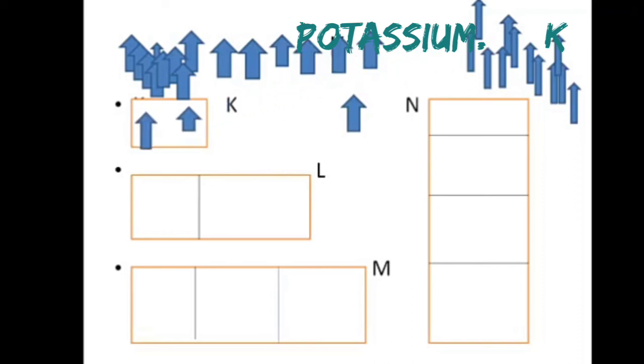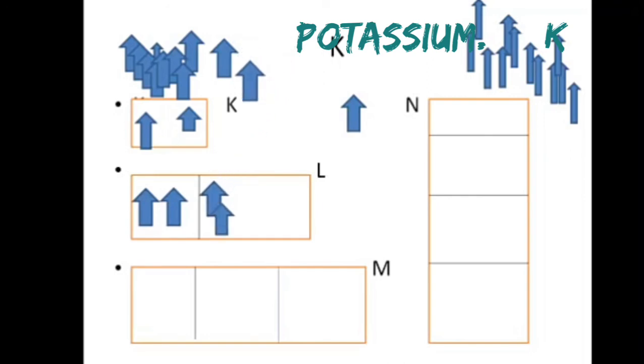So, in K shell, only 1 orbital, S, and L shell, 2 orbitals S and P. So, 2 electrons will go to S and 6 electrons go to L.